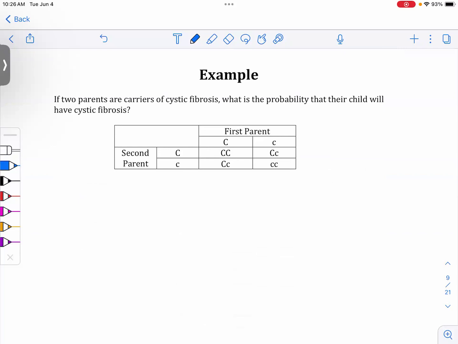So if I have capital C, lowercase c on the first parent, capital C, lowercase c on the second parent, and then it breaks into these possibilities. Basically, the probability that you would get lowercase c, that is, the child would have cystic fibrosis, is one possibility out of the 4.